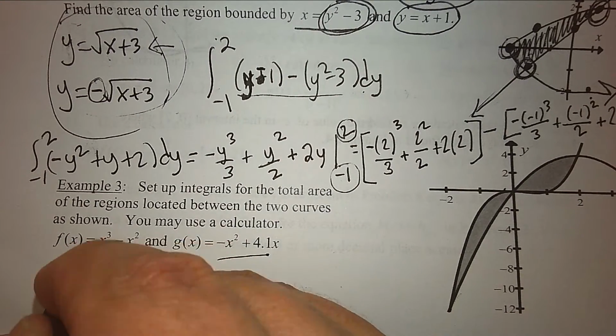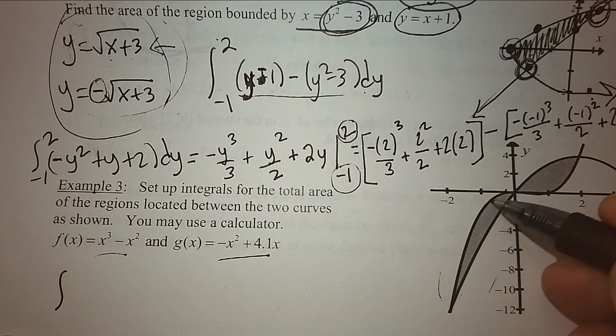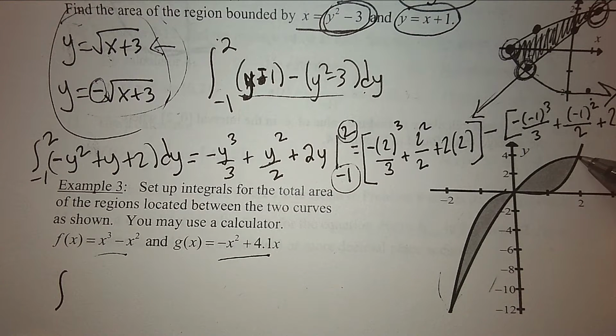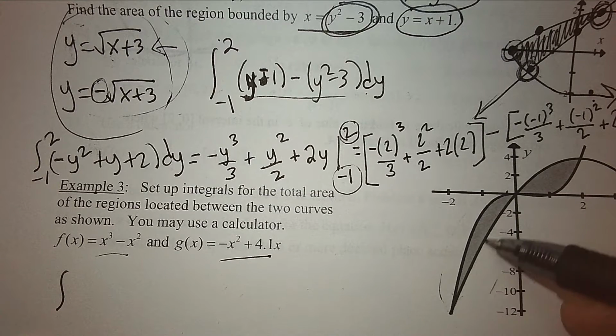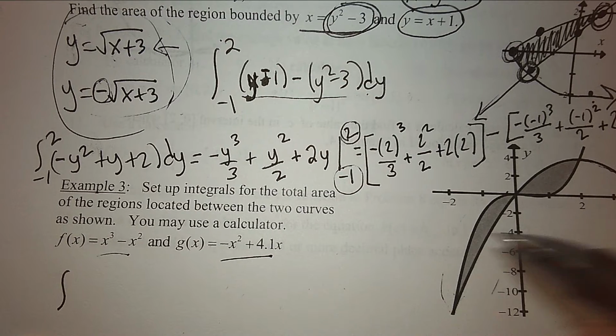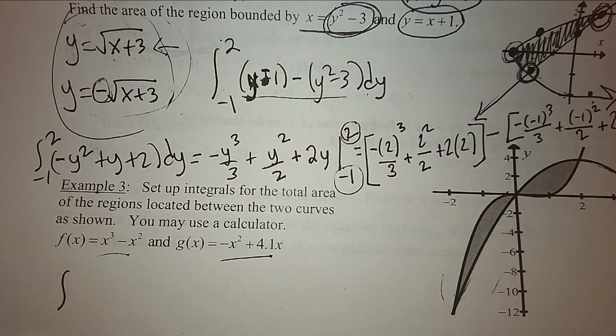So what we know here, on the left part, which function is on top, which one's underneath. The curve is on top, so the x cubed minus x squared, and the parabola, which is this second one, concave down, negative x squared plus 4.1x. So can you identify the parabola and the cube function?